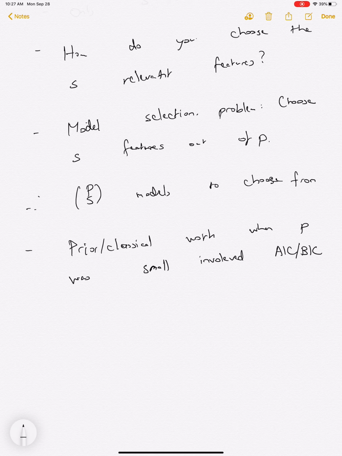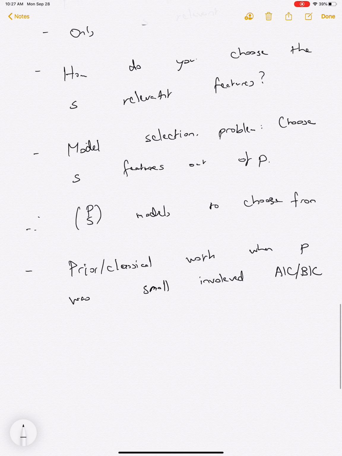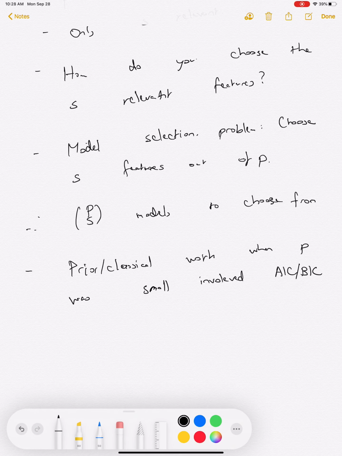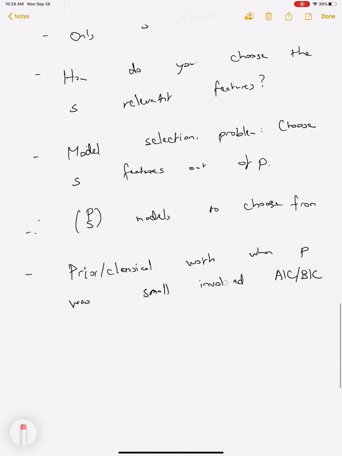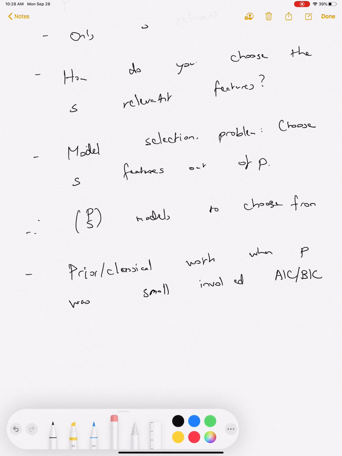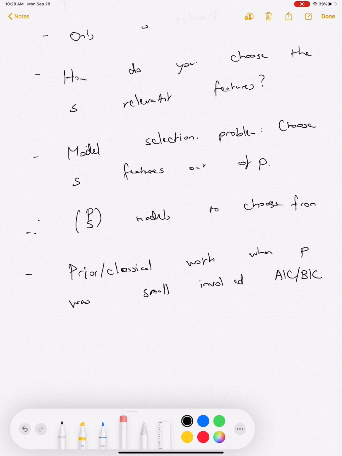So just to remind, we're talking about relating this to model selection, where we're trying to determine the S features or covariates that are relevant to the response. There is prior classical work from when P was small, which involved AIC or BIC.